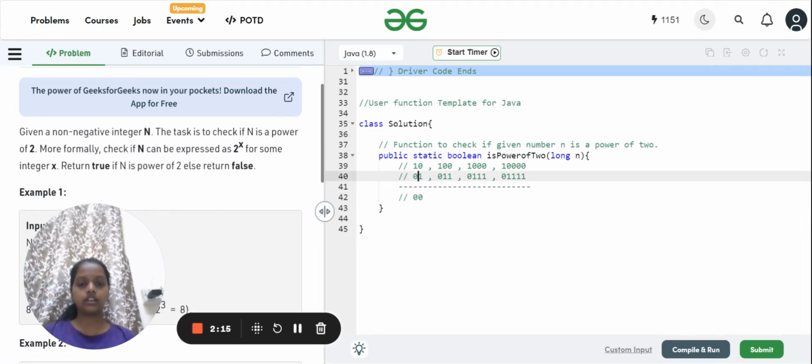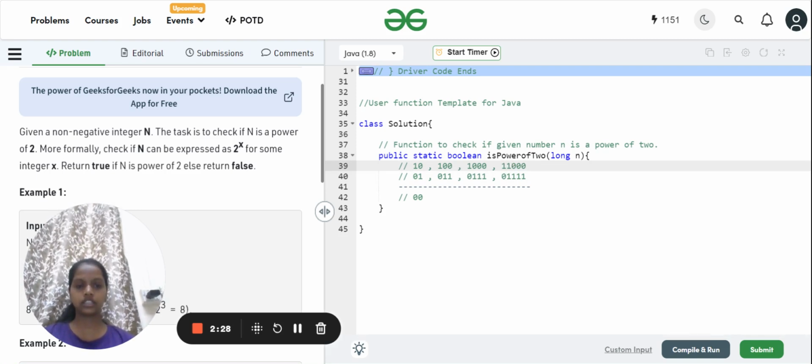So if we have a number with only one 1 in the binary, and we do the AND with the number below it, we get 0. But if we have a number like this, which has two ones, it is not a power of 2.